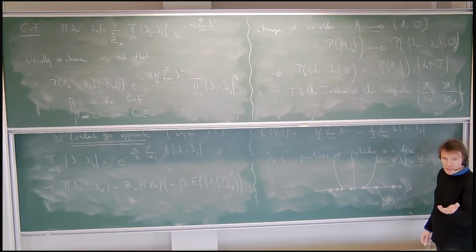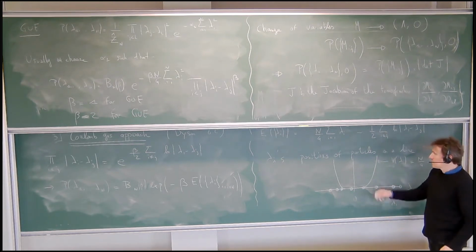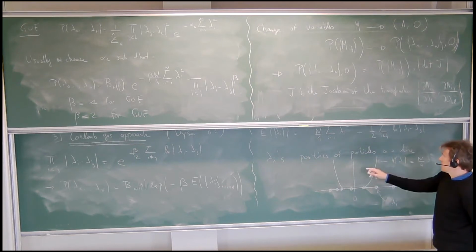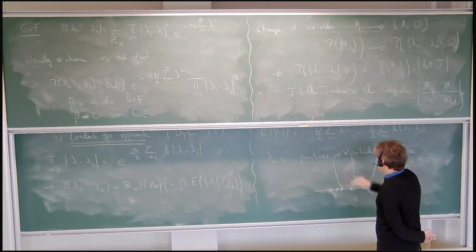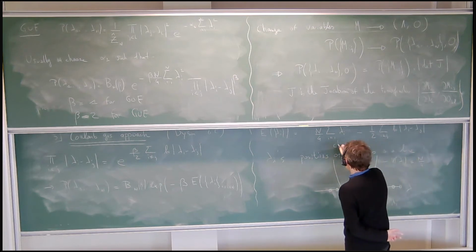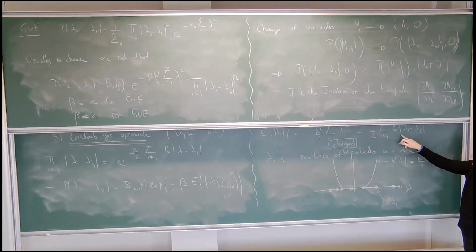This is the log that we found in the XY model, for instance, and this is the case here. So these lambda i's are charged particles, and they repel each other via this logarithmic potential.